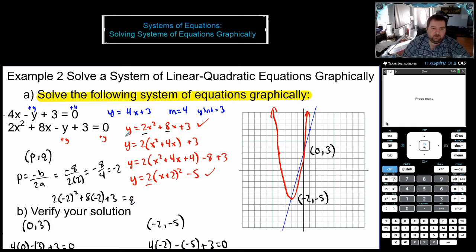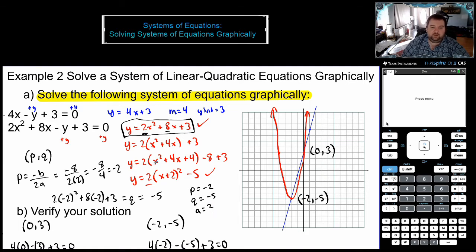So you just take your equation that you didn't change and you plug in the value that you found for P. And you're going to find Q to be equal to negative 5 here. And now you have your P value and your Q value. Your P value is negative 2. Your Q value is negative 5. And your A value is always the same. In this case, it's 2, right?